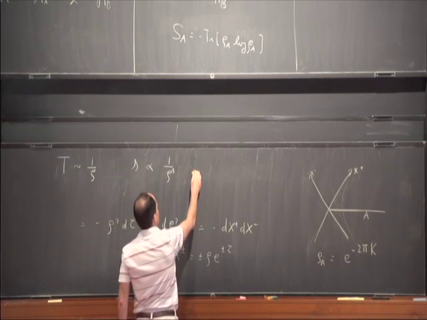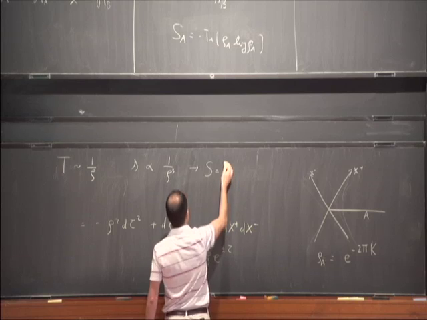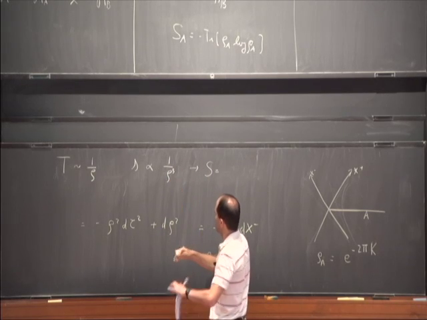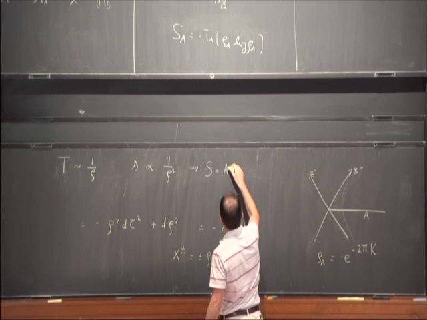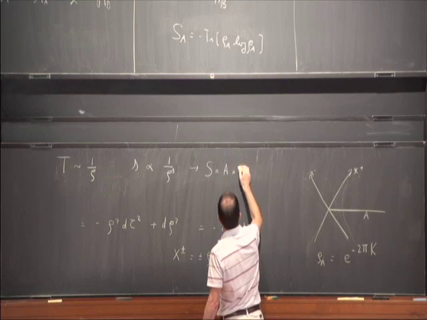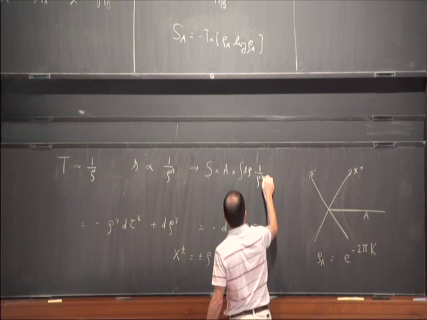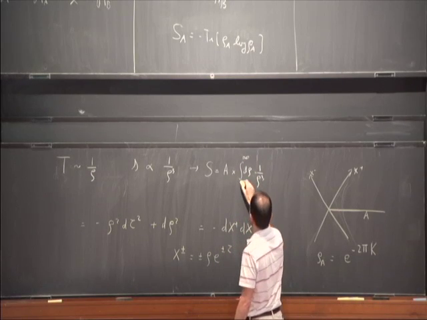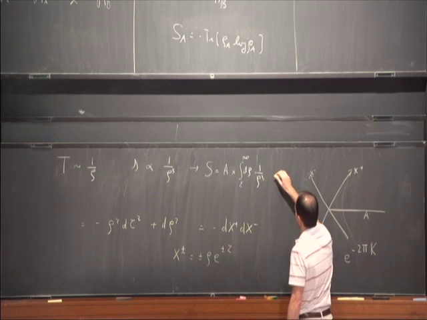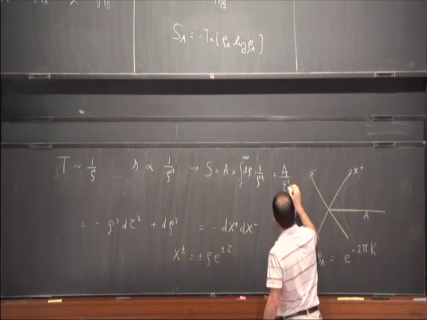Then we can compute the total entropy by integrating this 1 over rho cubed over space. The integral over the two transverse dimensions gives us just the area of the transverse directions. And then we're left with an integral over rho of 1 over rho cubed between infinity and 0, but it's divergent at 0, so I'm going to put an ultraviolet cutoff, so it gives something of the order area over epsilon squared.